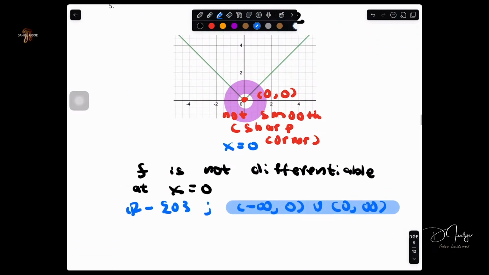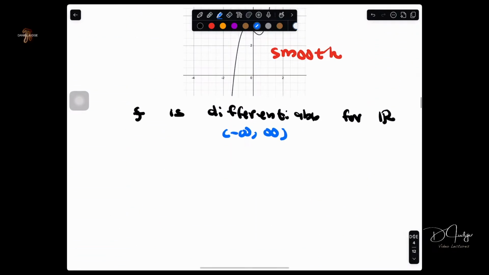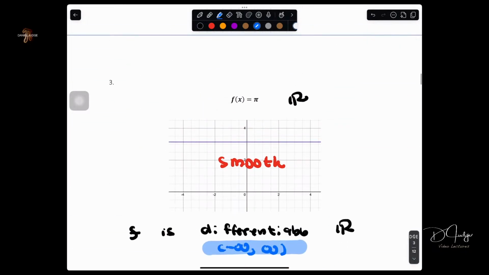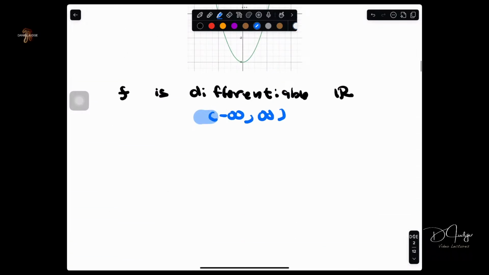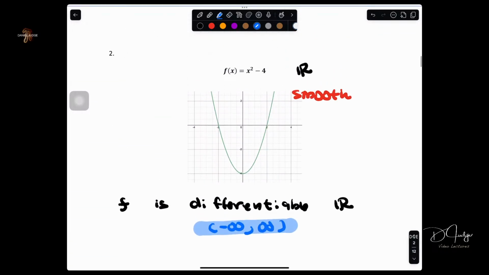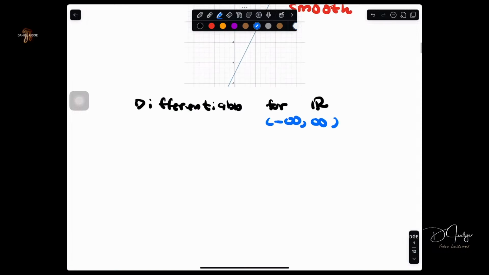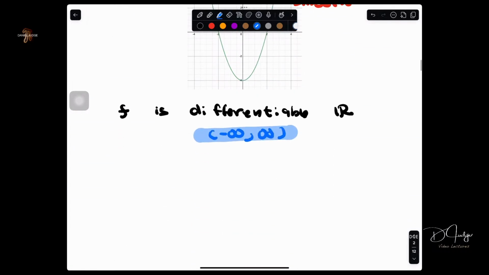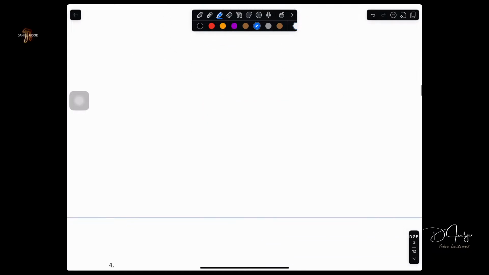So we're working with the interval notation here of where your function is differentiable.